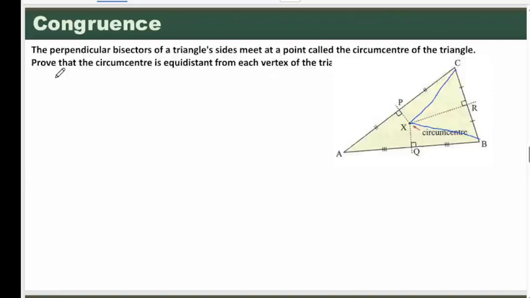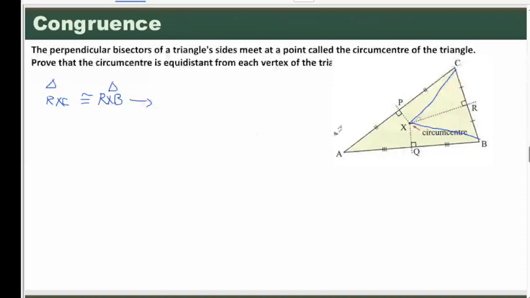I prove that triangle RXC is congruent to triangle RXB. Okay?